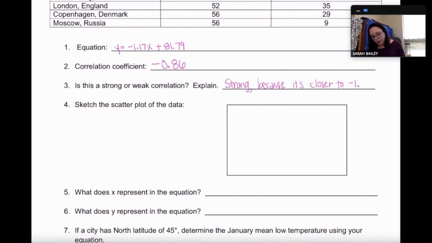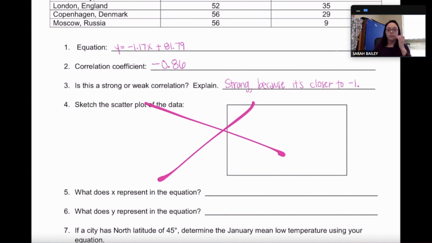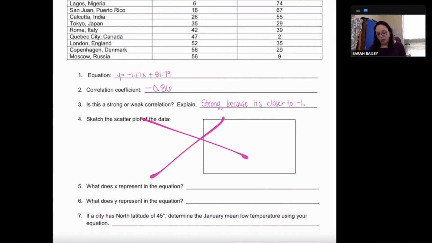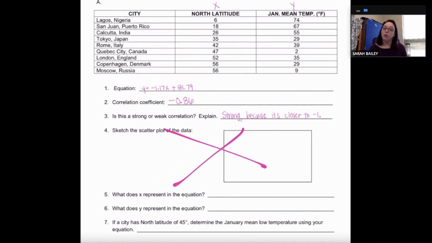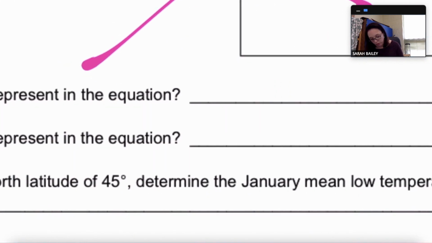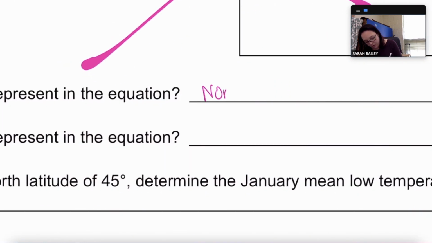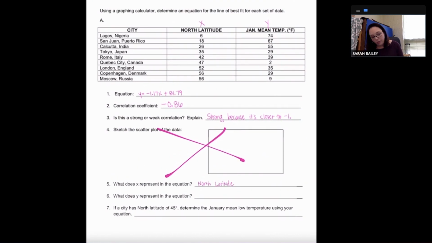I'm not going to ask you to sketch a scatter plot, so just put an X through that. Now it says, what does X represent in the equation? Well, if you labeled your table like I did, we know that the X is going to be the north latitude. So I'm going to write that there on my line, north latitude. And Y would be the January mean temperature.